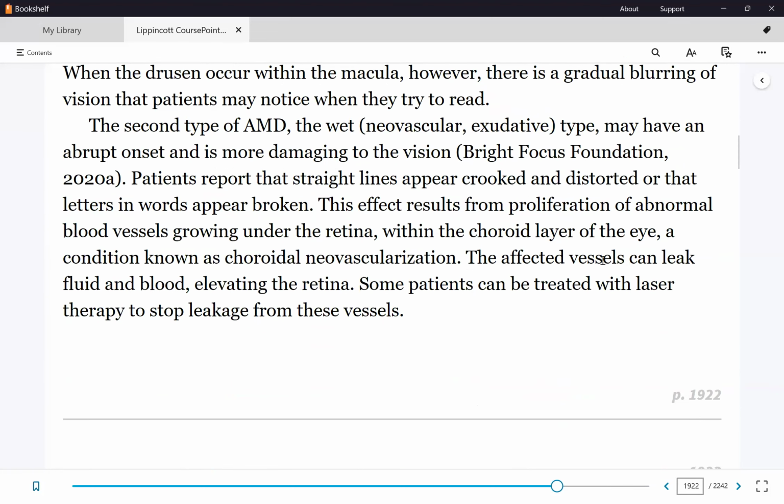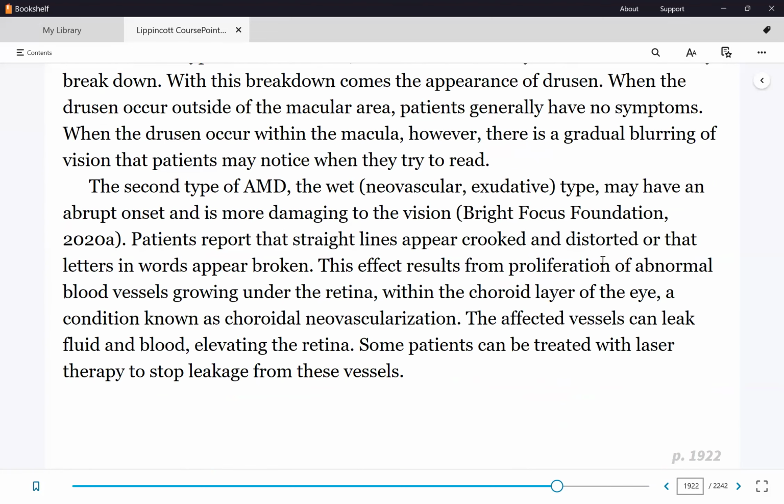There's a second type, which is called wet. Now, the wet type, unlike dry, which is age-related, can occur at any age, which is sad. Now, this one is caused by abnormal blood vessels, neovascular.